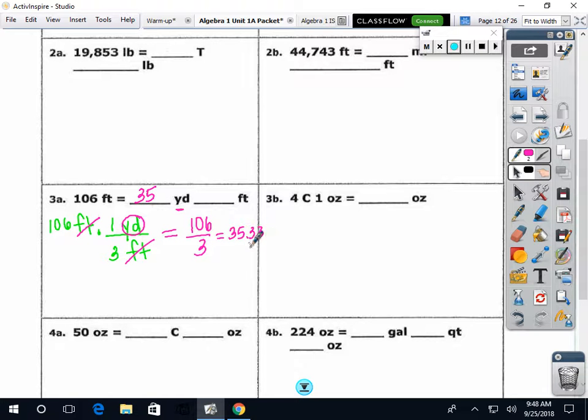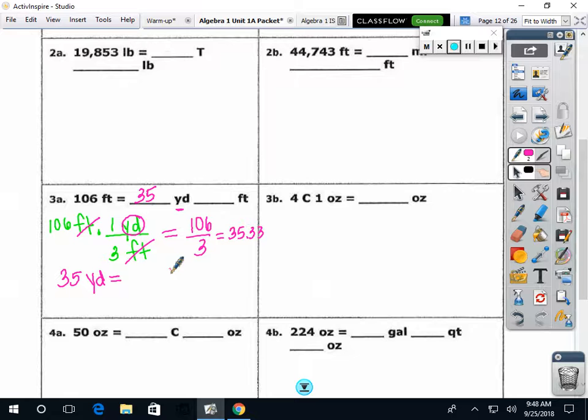But then obviously there's some leftover. To figure out the leftover, you can figure out how much 35 yards is in feet. Okay, if there's 3 feet in a yard, how many feet are there in 35 yards? So let me say that again.